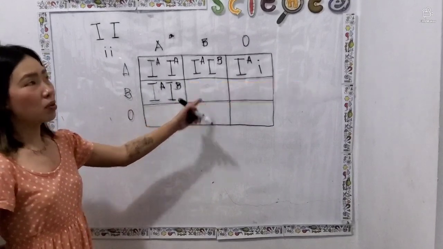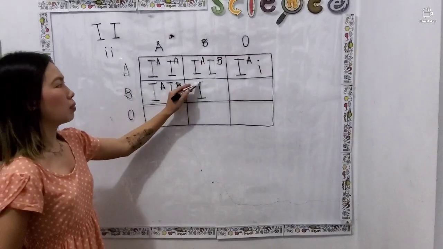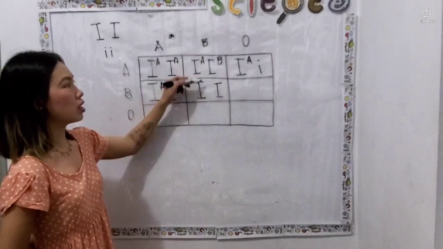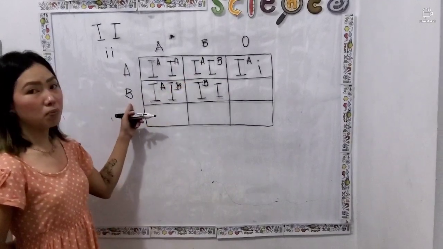And then on the next box, we have capital I, type B, yun nasa taas, type B, yun nasa tabi.